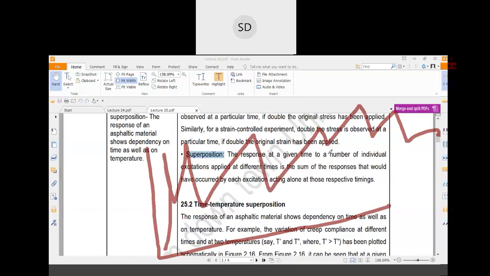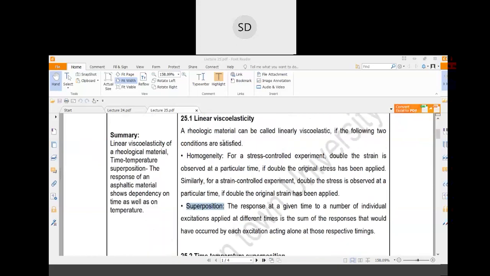Now, if you go for the individual responses at each particular time, and as a total you are getting a response of, suppose, 20 Newton per mm square for stresses, then if you add up all these individual parameters, that would be equal to 20 Newton per mm square for a system which follows superposition. So that is basically the meaning of superposition in such a case.